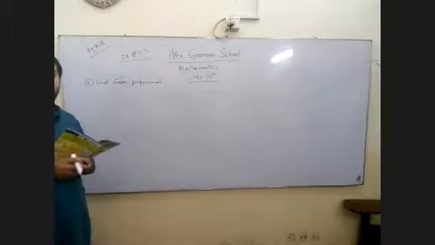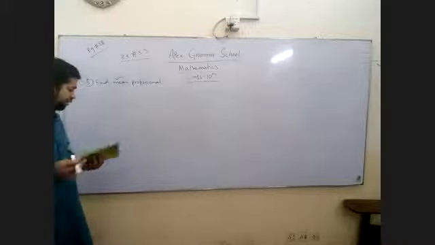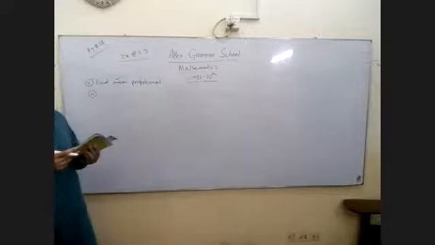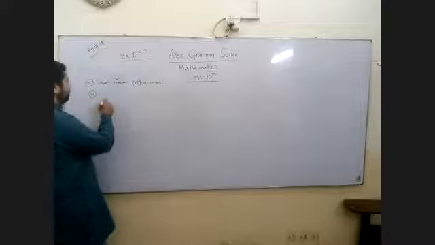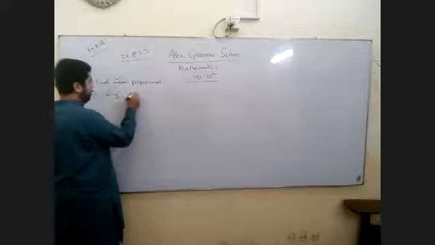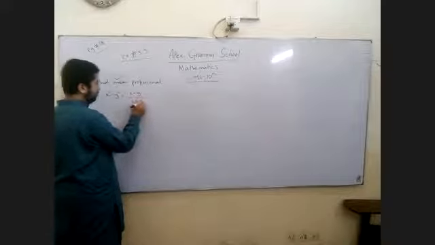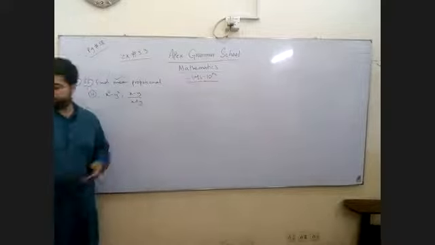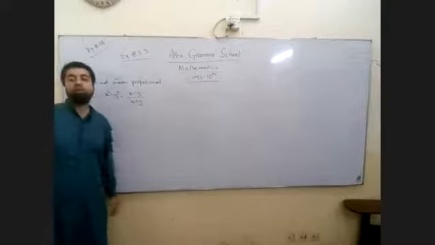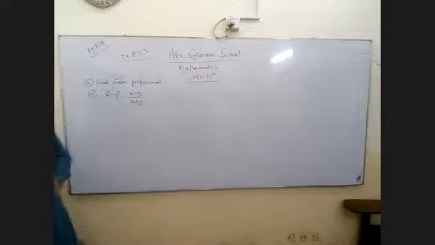Part number 3 is relevant to this, so we will solve part number 4: x squared minus y squared, then x minus y over x plus y. Again, we need to find the mean proportion, and x and y are already used.